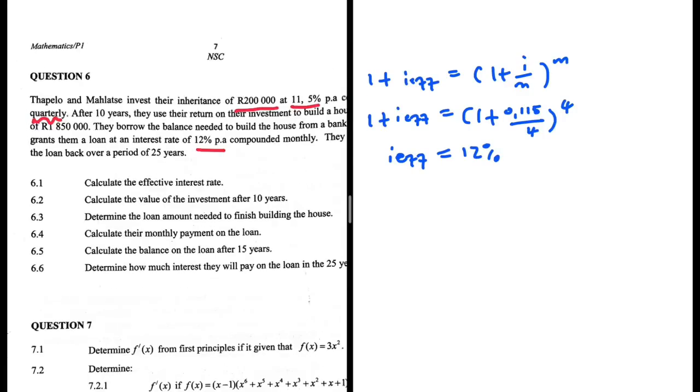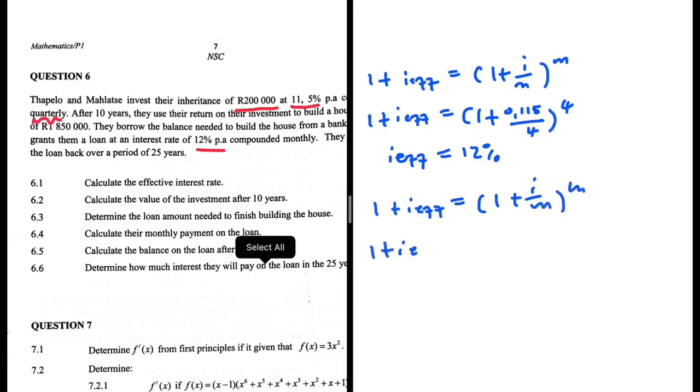So if we were to calculate the one for the loan, we would follow the same steps. We would have 1 plus the effective interest being equals to 1 plus the interest divided by m, to the power m. But there's a major difference here. The interest for the loan is 12%. We can write it as 12% or as 0.12. But now it is compounded monthly, so the m would change.